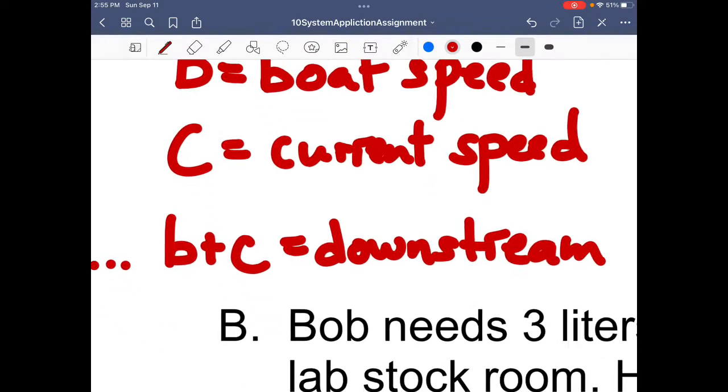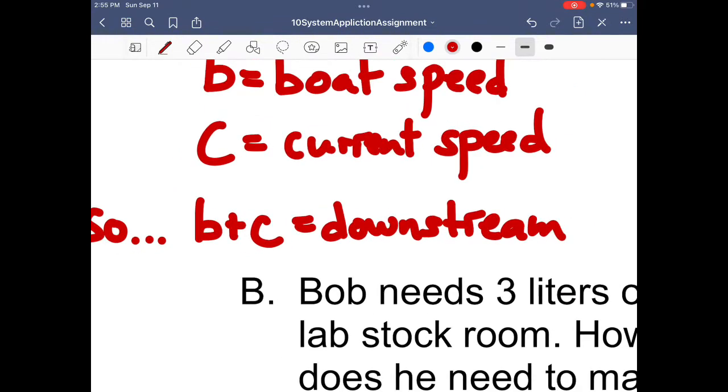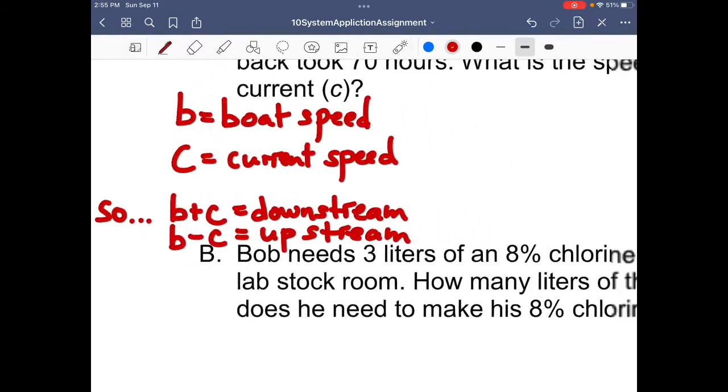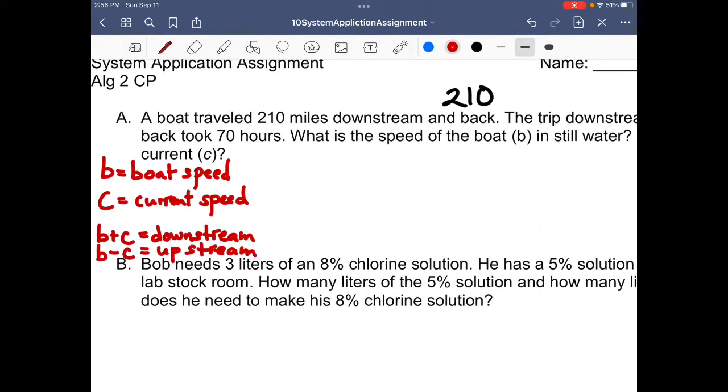It's kind of like the overall speed downstream. But if you subtract these items, B minus C, well, that's going to kind of be like the overall speed going upstream. So we can actually take B and C and we can add or subtract them to come up with, again, like an overall speed.